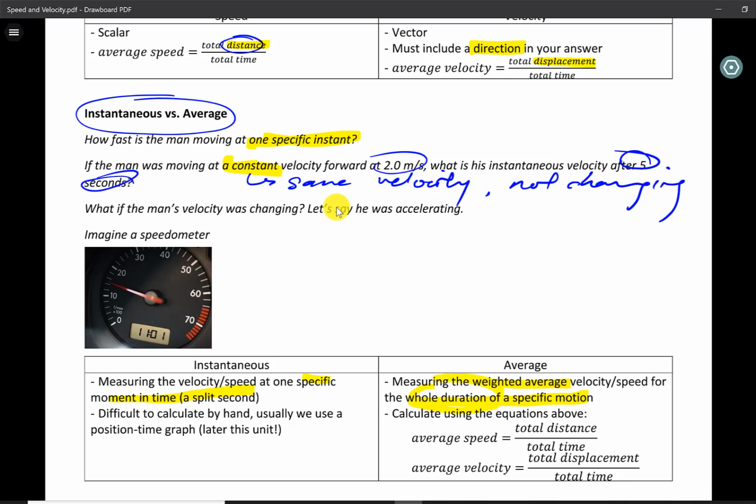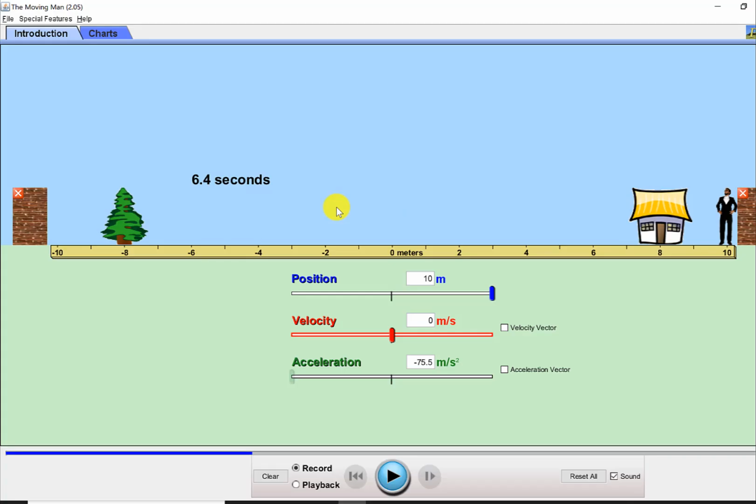So let's take this moving man, and let's say the specific motion we're interested in is when he started from negative 10 meters and he crashed all the way at 10 meters on the other end. We could find his average velocity for that entire trip. His instantaneous velocity was constantly changing, but for his average, let's take a look at what that means.